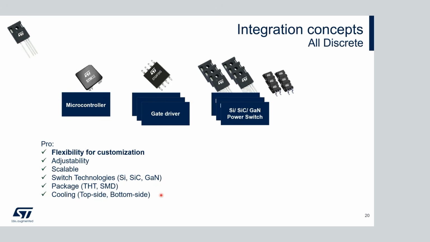And you have the wide choice between the different packages. So you can choose between through-hole packages or surface mount devices. And you can choose the cooling approach. If you want to cool through the PCB, bottom side cooling, or if you want to cool through the top, so top side cooling. Here, for instance, for the top side cooling, we offer packages like the AQ3 pack.